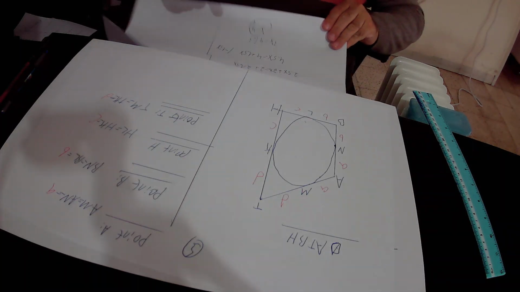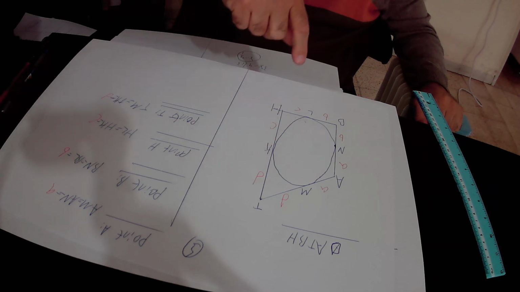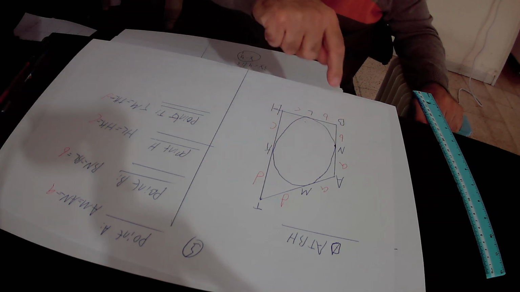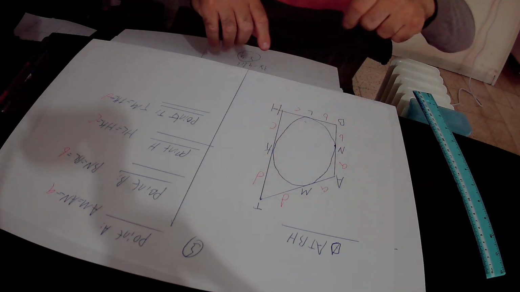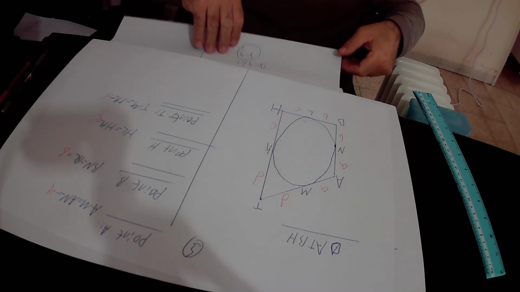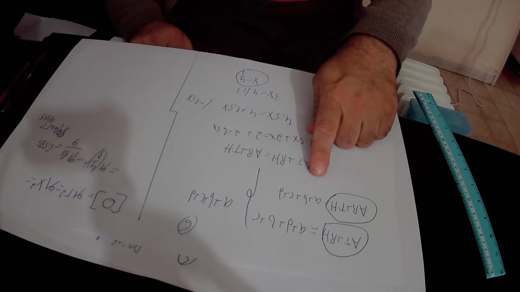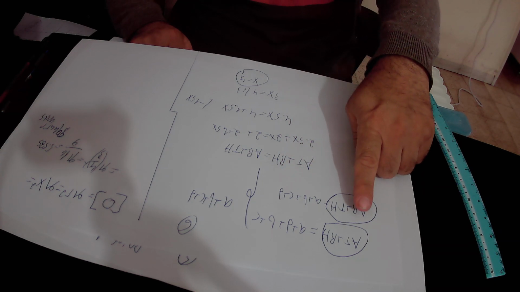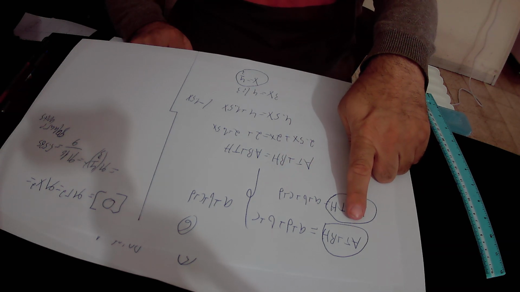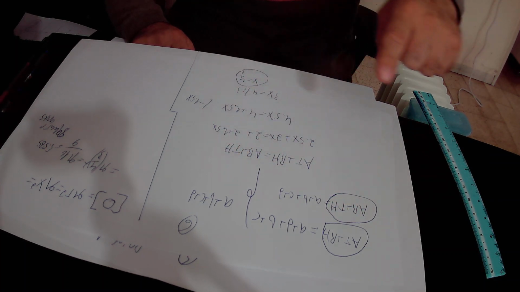Then we add side AB to the opposite side TH. So it is AB plus TH. AB is a plus b and TH is c plus d. So in total, AB plus TH also equals a plus b plus c plus d, exactly as the expression AT plus BH also equals a plus b plus c plus d.